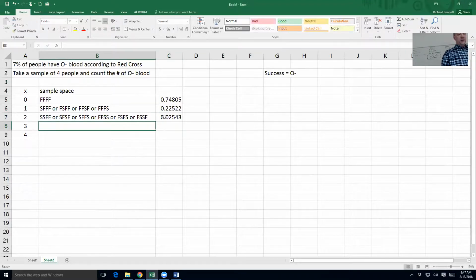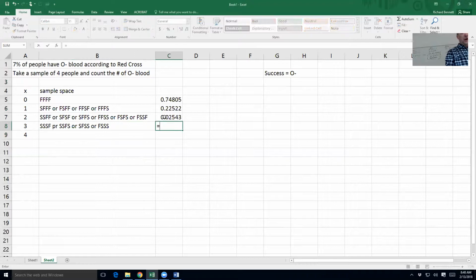Okay, option number 3, I'm going to get 3 successes and a failure, or success, success, failure, success, or success, failure, success, success, or failure, success, success, success. Okay? First way is success is 0.07 times 0.07 times 0.07, and then a failure 0.93.